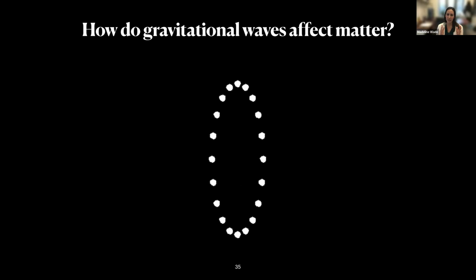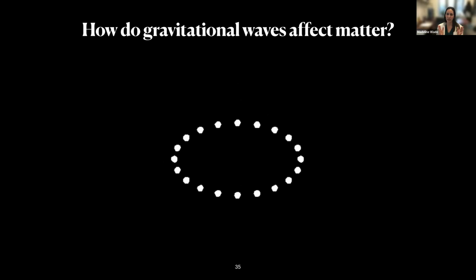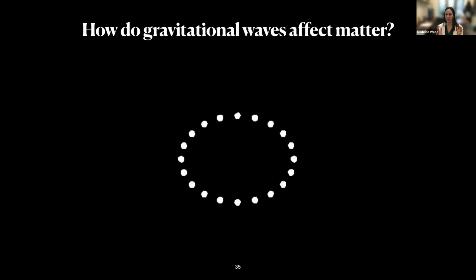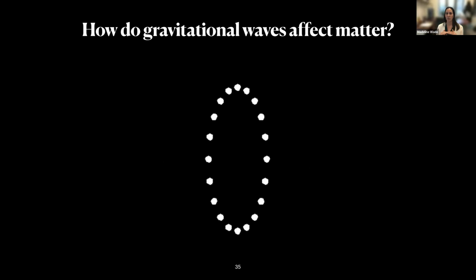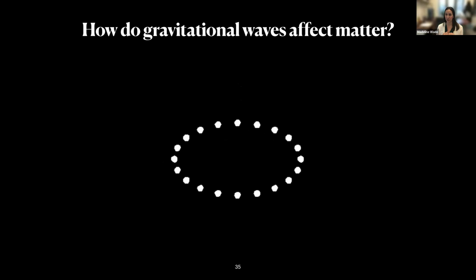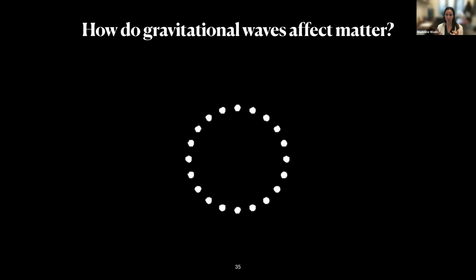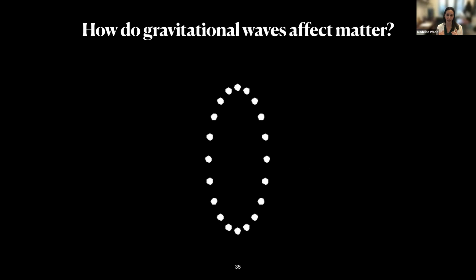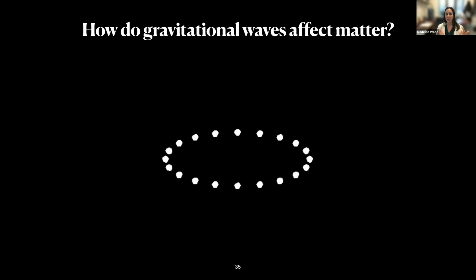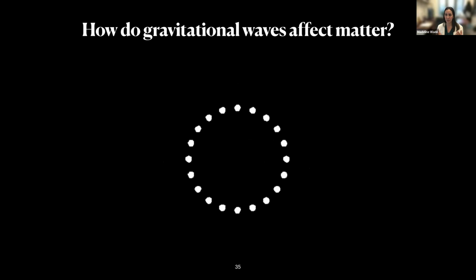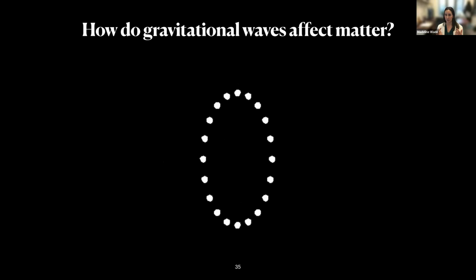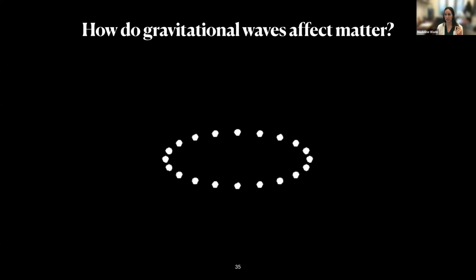And so the distance between particles on this ring is getting smaller and larger as the wave passes through. So if we want to be able to measure gravitational waves, which it turns out is going to be a useful thing to do when we try to study dense compact objects, we are going to need to be able to measure really precisely distances between 2 points in space.